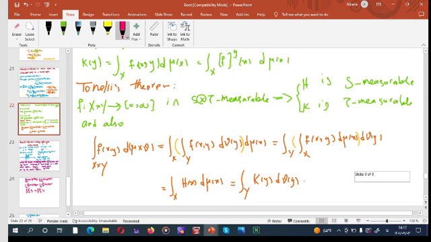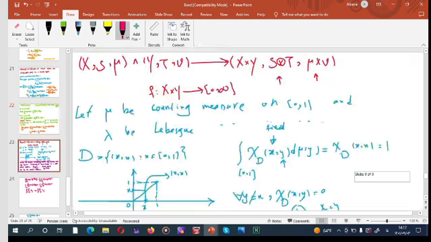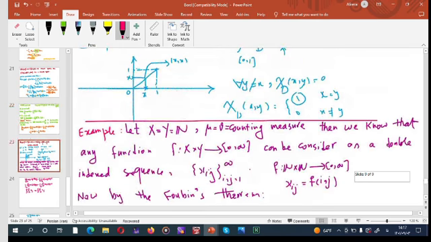Then this theorem changes to this useful example: X equal to Y equal to the natural numbers, mu and nu are counting measure.